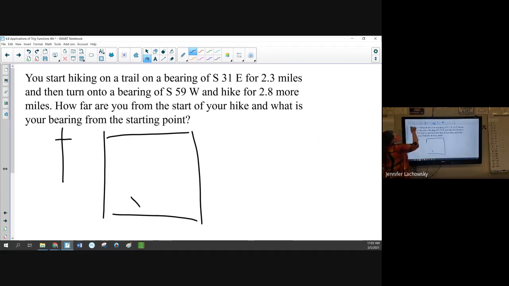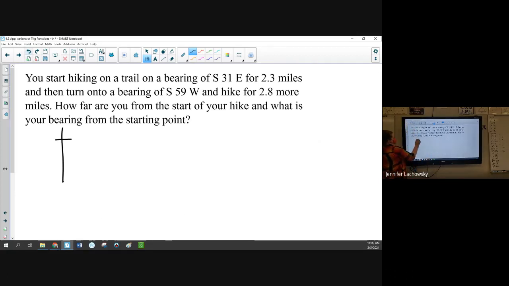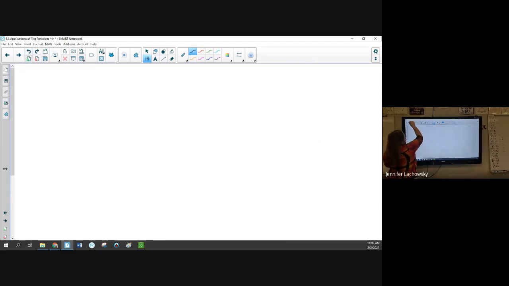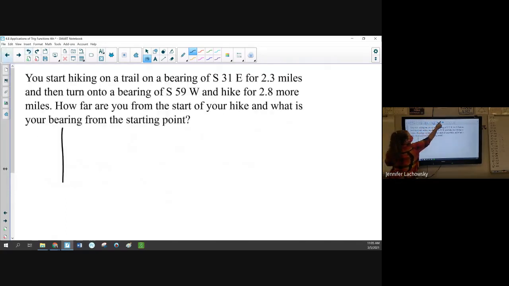Okay. So I am going to travel, and like I said, I like to give myself some kind of bearing, or some kind of crosshairs to start with. So this is my starting point. I'm going to travel, I don't even know if I gave myself enough space, but we'll see.